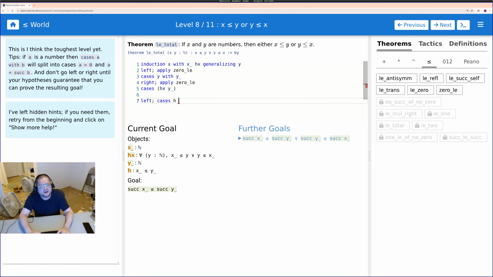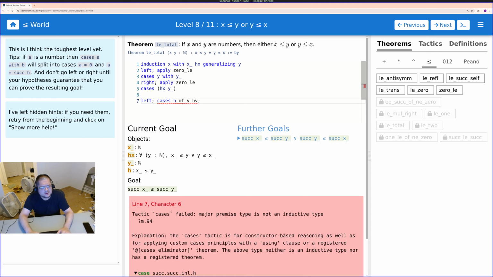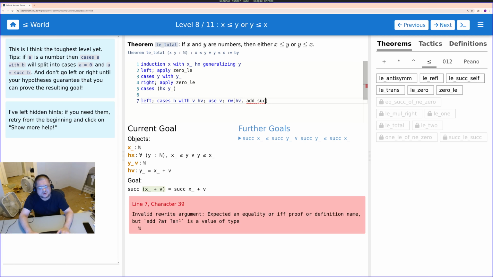Takes this h of value hv and we're going to use this value v, and then we're going to rewrite hv. We're also going to rewrite add successor add.